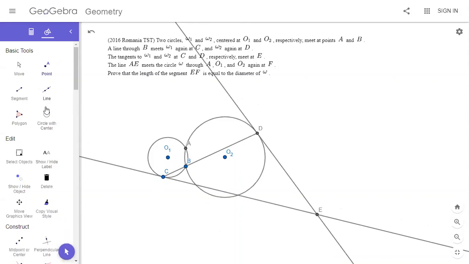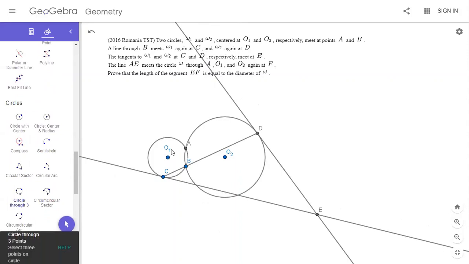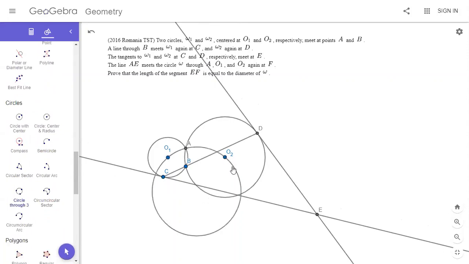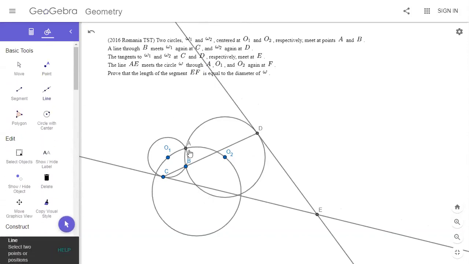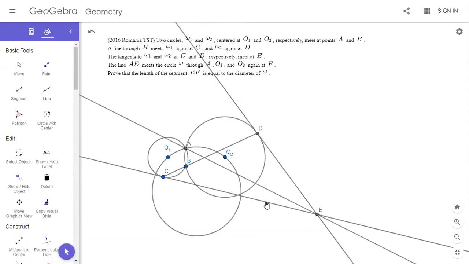And the line AE meets the circle through A, O1, and O2 at F. We want to show the length of EF is equal to the diameter of this circle.